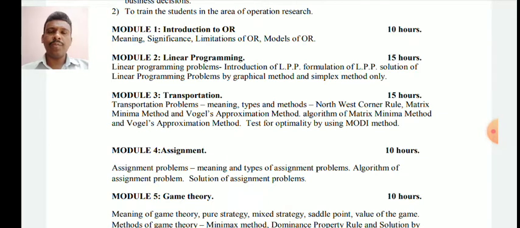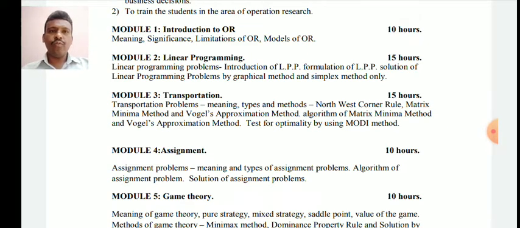We are going to study only 3 to 4 different modules in your syllabus. In module number 1, we are just going to have a gist of the various modules. So module number 1 is basically an introduction to the subject, and it contains the basic concepts and definitions of operations research. So it is basically a theoretical module.